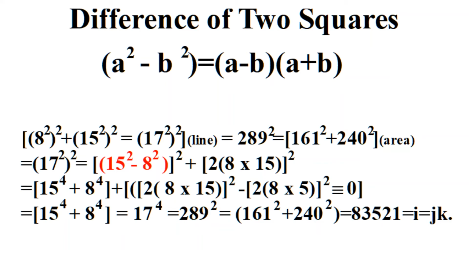We also see that 161 equals 15 squared minus 8 squared is the conjugate of 17 squared equals 15 squared plus 8 squared. And it is this insight that provides us with the key to solving the conjecture. Squaring 161 equals 15 squared minus 8 squared reintroduces the conjugate of the conjugate. 8 squared plus 15 squared equals 17 squared, all squared. And so now we can generate the solution.